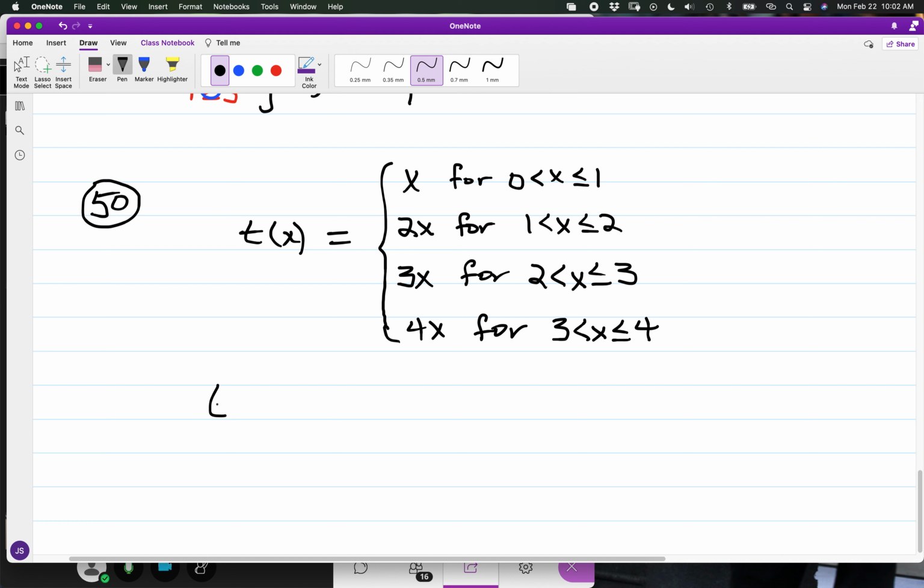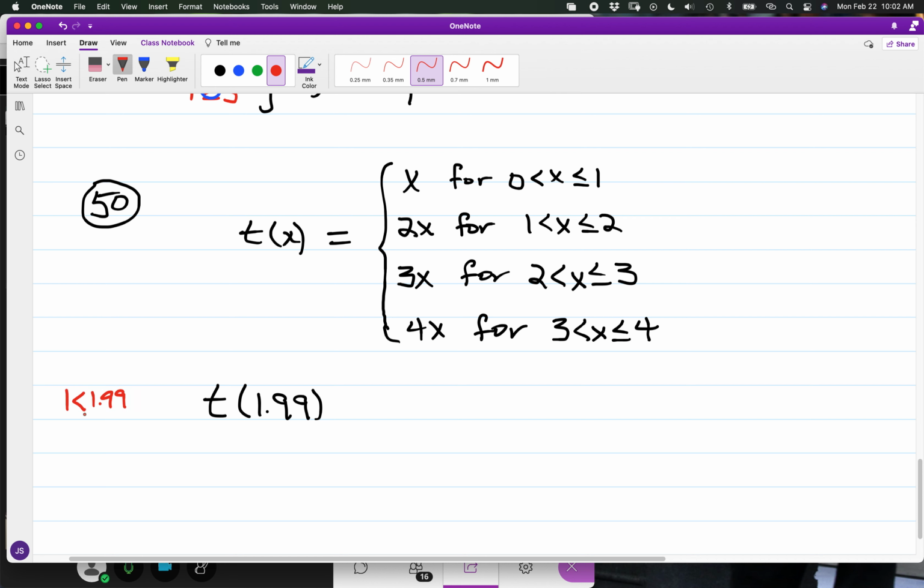Now the first one that is asked for is t of 1.99. So 1.99 is going to fall between 1 and 2. We have 1 is less than 1.99, which in turn is less than or equal to 2.